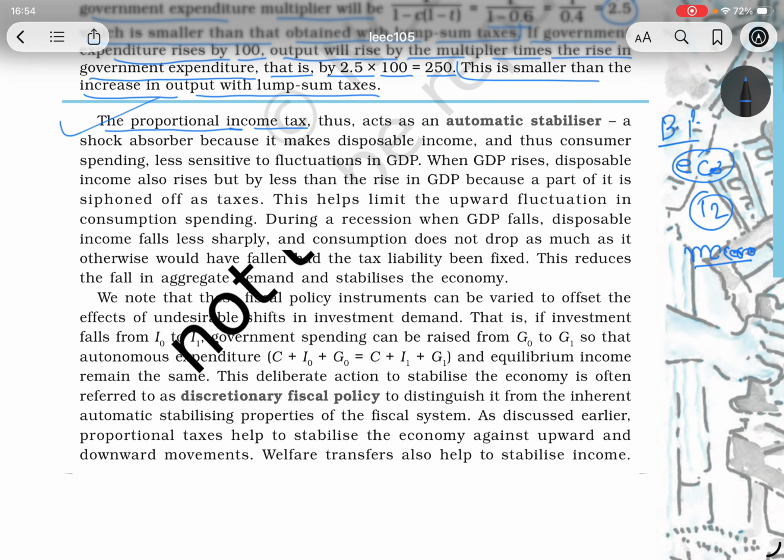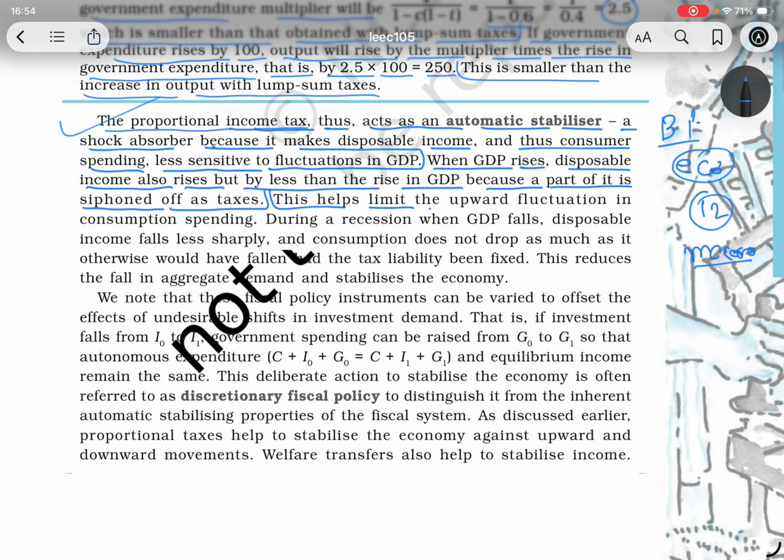The proportional income tax acts as an automatic stabilizer, a shock absorber, because it makes disposable income and thus consumer spending less sensitive to fluctuations in GDP. When GDP rises, disposable income also rises, but by less than the rise in GDP because a part of it is siphoned off as tax.